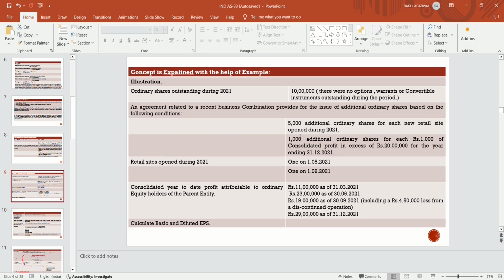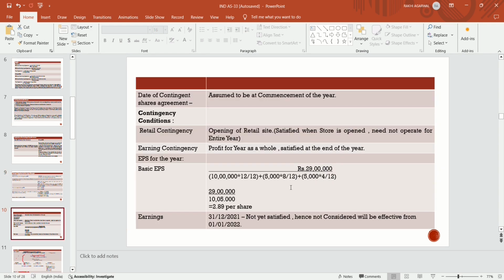One site is open on 1st May: May, June, July, August, September, October, November, December, 8 months. So 5,000 into 8 divided by 12, and another site is open on 1st September: September, October, November, December, 4 months. So plus 5,000 into 4 divided by 12.